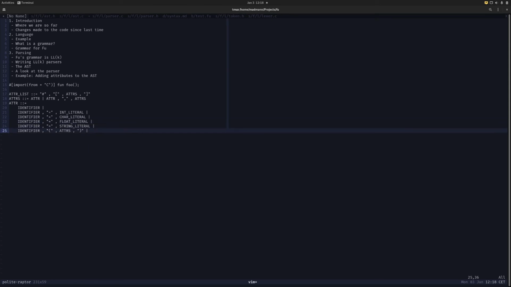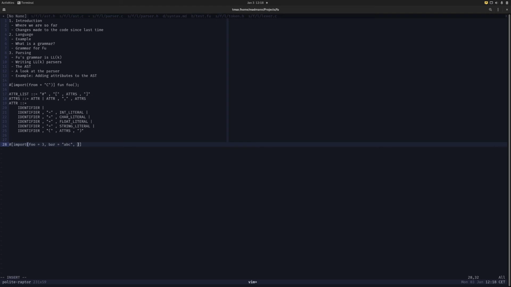So here we essentially allowed things like this. Foo, that's allowed. Import, that's allowed. Import foo bar, that's allowed. Foo is equal to free, that's allowed. Bar is equal to, that's allowed.